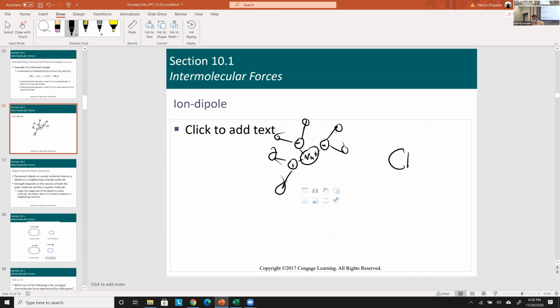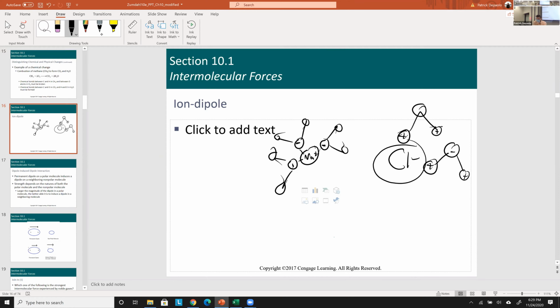And then similarly with the Cl minus, you end up with the positively charged hydrogens interacting with the chlorine. So this is a combinational effect. I mean, an ion dipole, it's pretty strong.